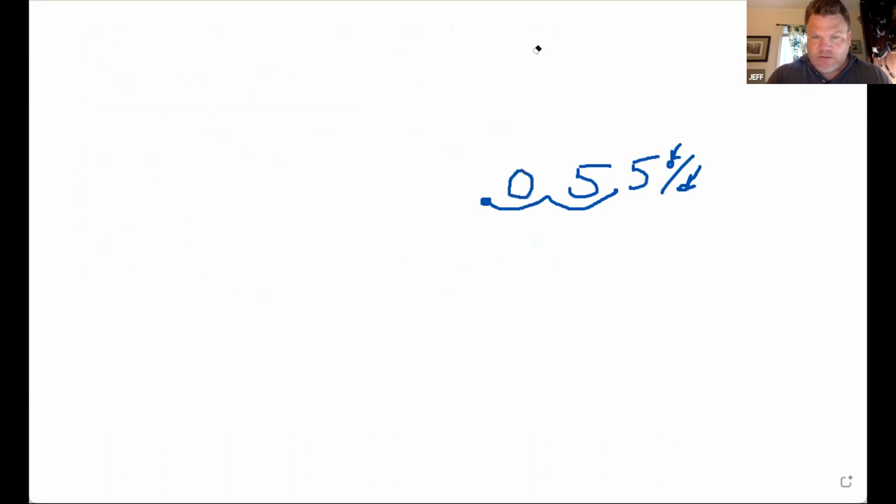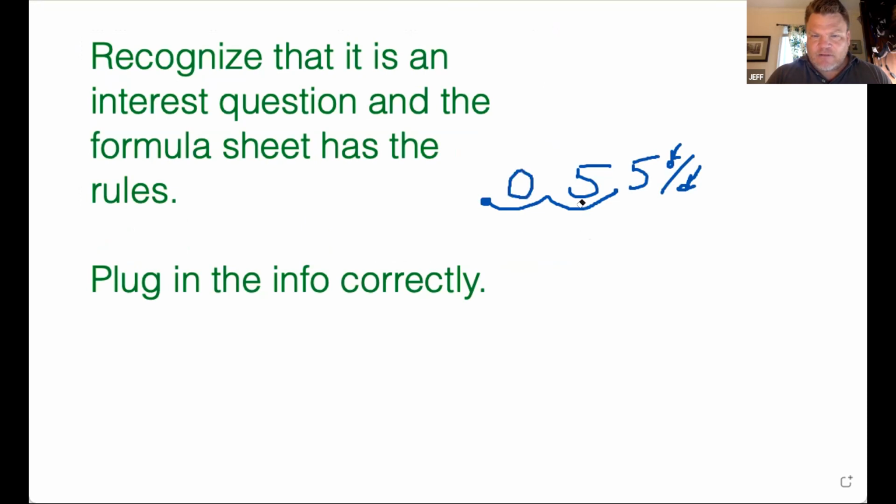So the number then would be 0.055, which would be 5 cents and then 1/2 cent later on. So bounce it twice. Do that carefully.